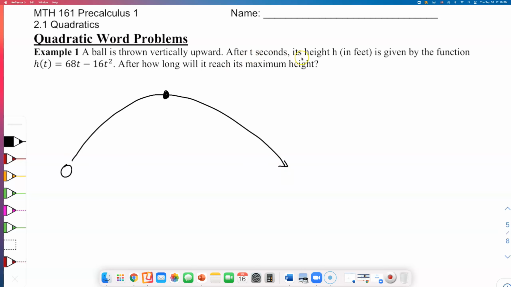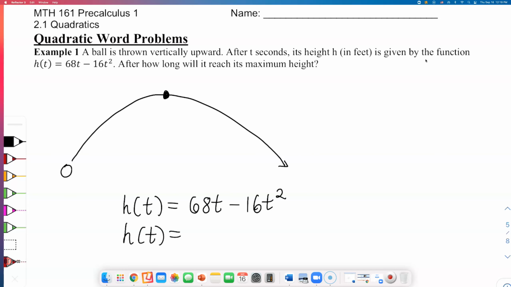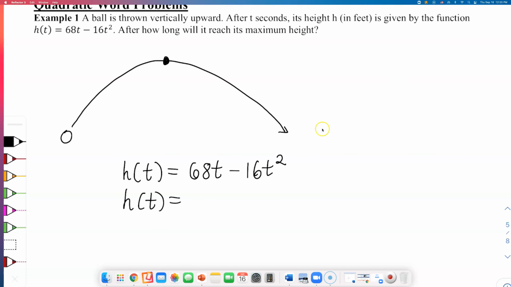Okay, so what are we doing here? After t seconds, the height h in feet is given by the function h of t equals 68t minus 16t squared. Do you see what they did here? They switched a and b. They switched the order. We usually write the quadratic term first, the one with the exponent of 2. I'm going to do that: minus 16t squared.